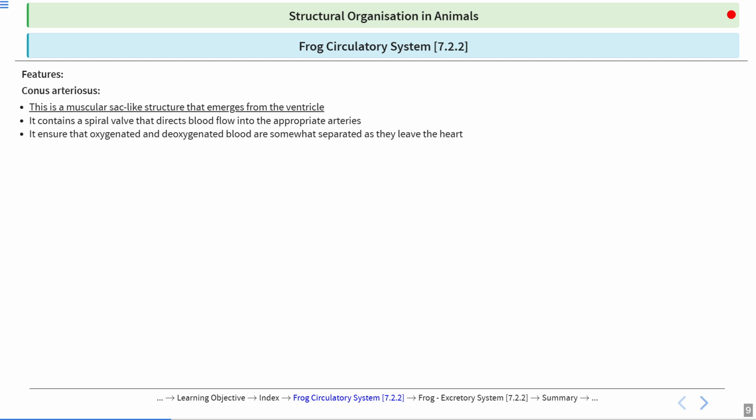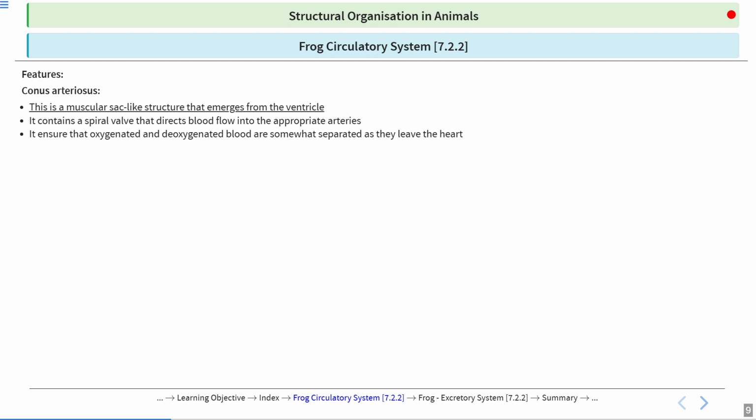And what does this valve-like structure do? It ensures the oxygenated and deoxygenated blood are somewhat separated as they leave the heart. As you all know, in the ventricle the deoxygenated and oxygenated blood are there and ultimately get mixed. But the conus arteriosus does something: the deoxygenated blood goes from the ventricle to the lung part for purification.